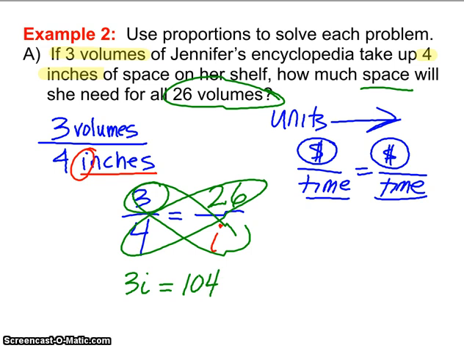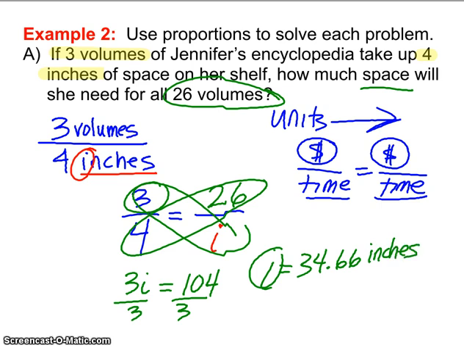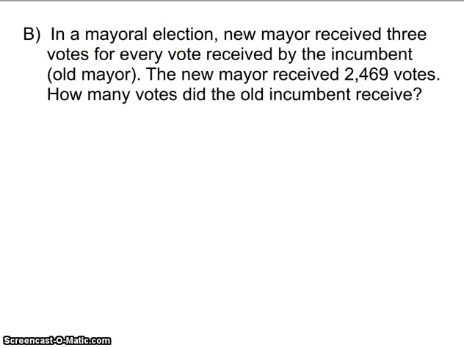I is being multiplied by 3, so we're going to divide both sides by 3. And we find out that I equals 34 and 66 hundredths. What are my units? What does I stand for? Inches. So again, if you use the right variable, you know what your units need to be. Inches. Let's try another one.